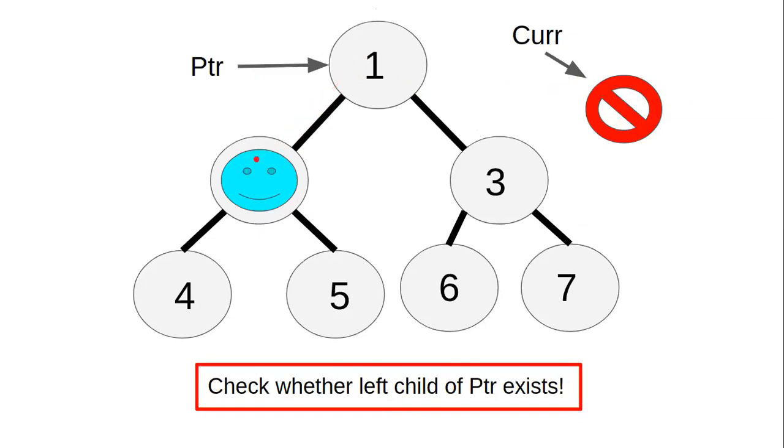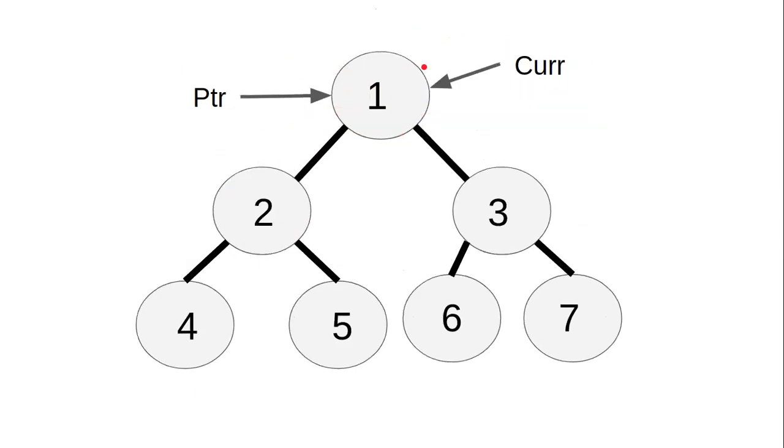It found that yes, it is existing. So it will tell current to point to the node which PTR is currently pointing to, which is 1. So now both of the pointers are currently pointing to 1.